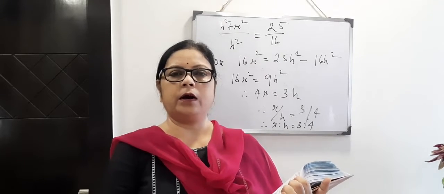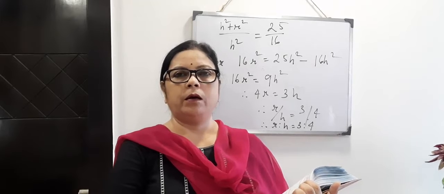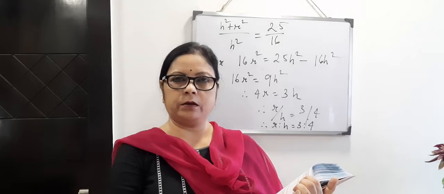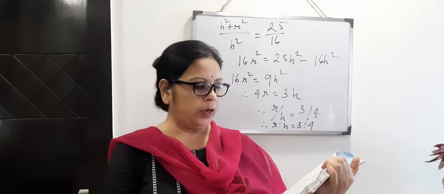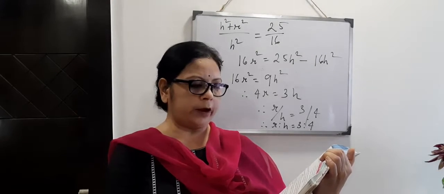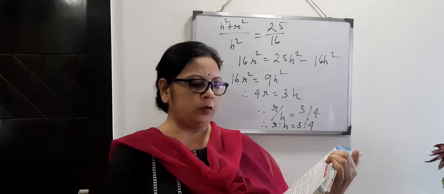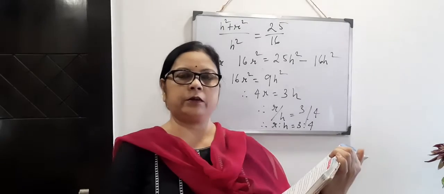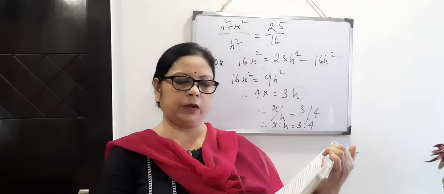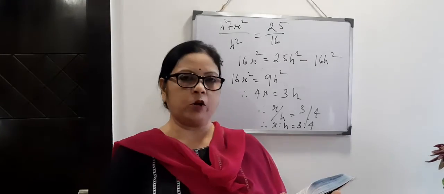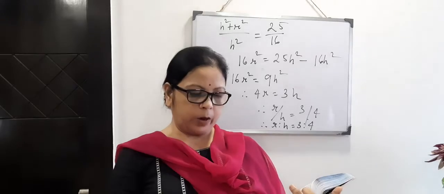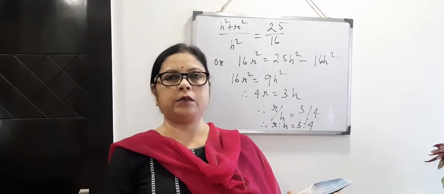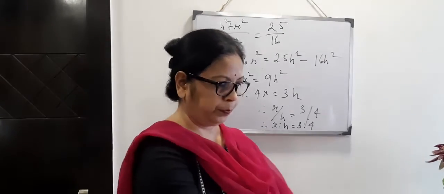You will divide the volume of the larger sphere by the volume of the smaller sphere. Here solid iron sphere and ball. You know, marble balls, its shape is spherical. Clear? So we will divide the volume of iron sphere by the volume of each marble ball.